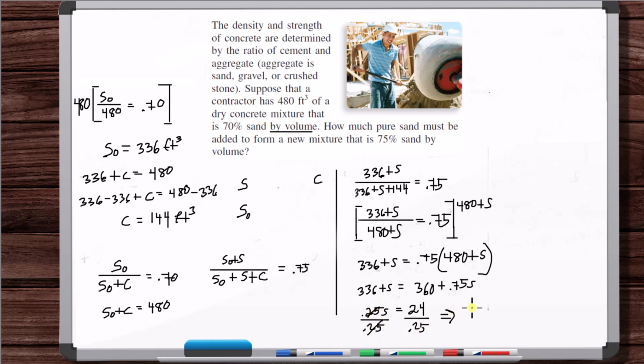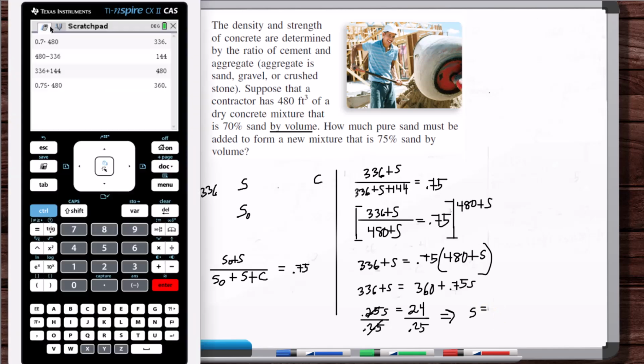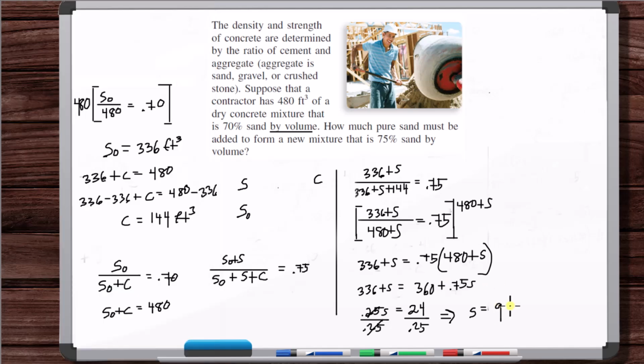And we get what? S is equal to 24 divided by 0.25 is 96. And that's cubic feet of sand added. Right? What does this mean? It's the amount of sand in cubic feet that we added to change the ratio from 70% to 75%.